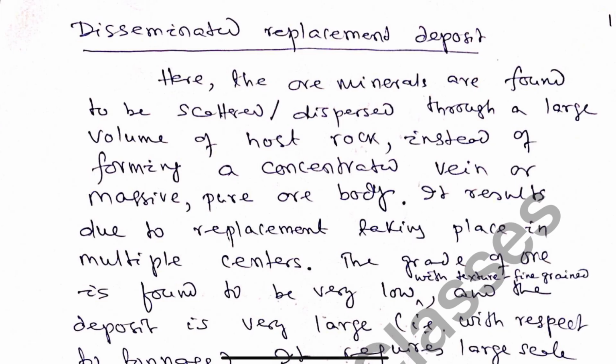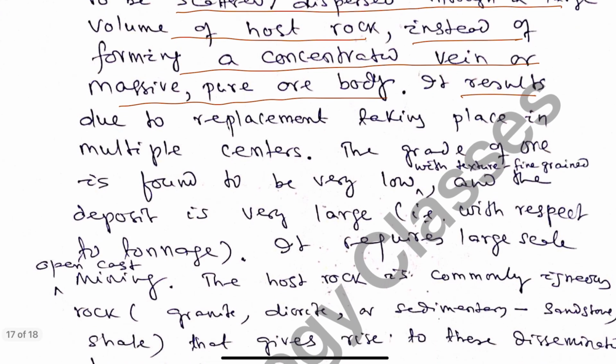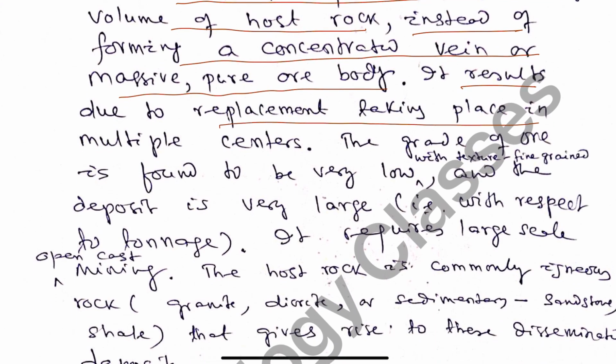Disseminated replacement deposit. Here the ore minerals are found to be scattered, dispersed through a large volume of the host rock instead of forming a concentrated vein or massive pure ore body. It results due to replacement taking place in multiple centers.